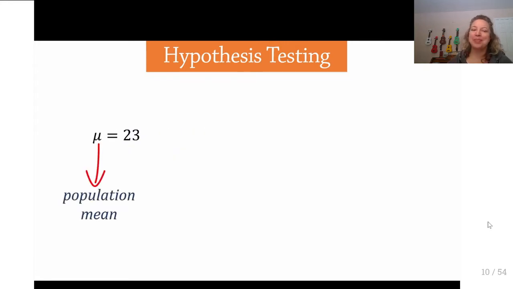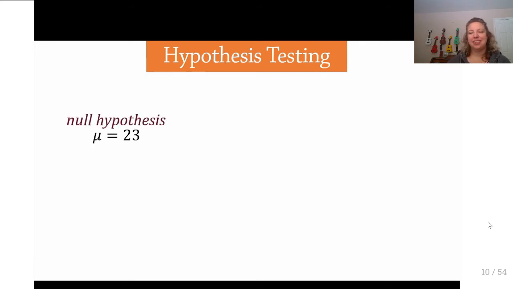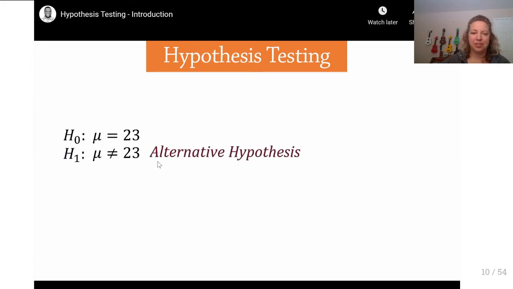Since this hypothesis contains equality, we refer to it as the null hypothesis, represented by H0. The complement or opposite of the null hypothesis is the alternative hypothesis, represented by HA or H1. In this case, the alternative would be that the mean is not equal to 23.